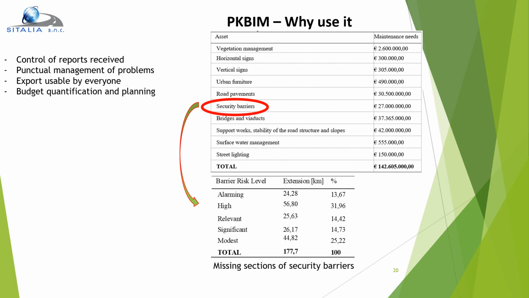And also using the software, they evaluated the missing safety barriers that must be added on the ground to increase the safety of the road. And using the software, they evaluated 177 kilometers of missing barriers that they are adding year by year in function of the budget they can use.